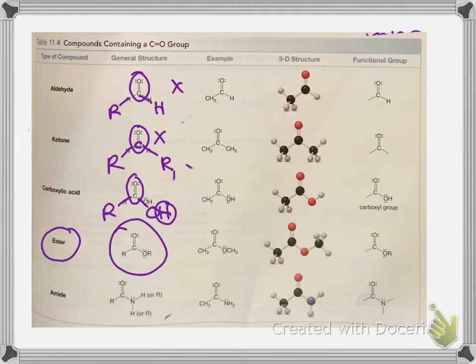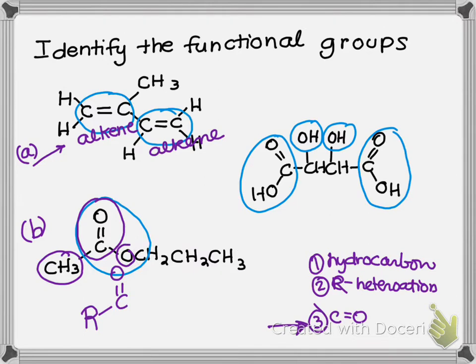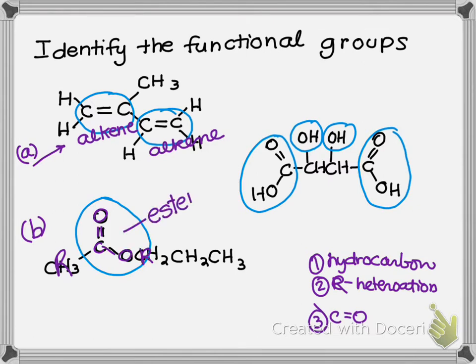So this is called an ester. So this group that I have circled here, which is R, C double bond O, O, R, is an ester.